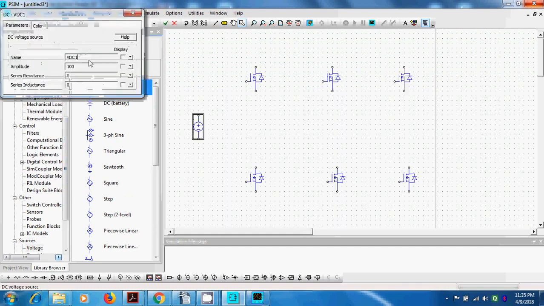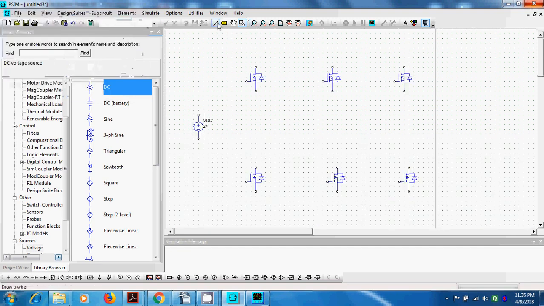I will make it, say, a 24 volt DC voltage, and I will connect these connections with whatever circuit diagram is available in our theory, which will be drawn here directly as it is.